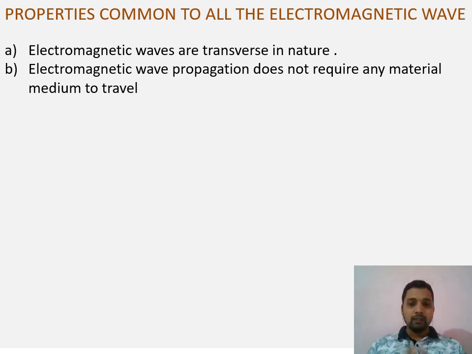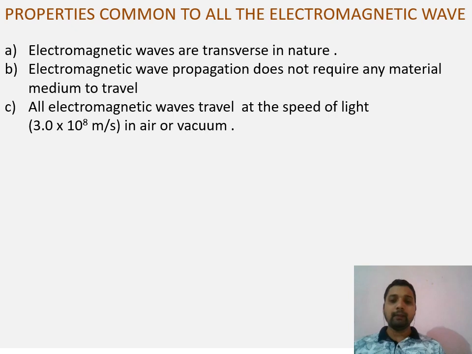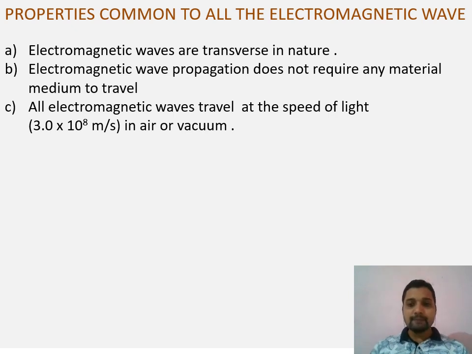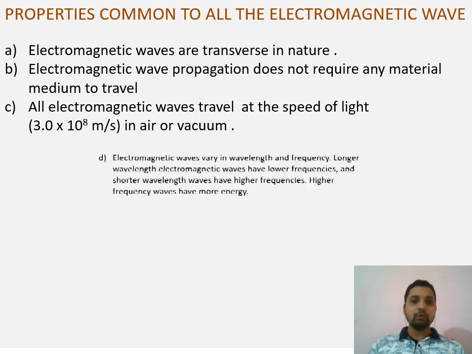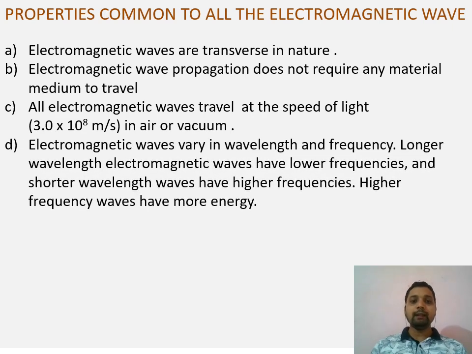Electromagnetic waves do not require any medium for propagation, meaning they can travel in vacuum. All electromagnetic waves have the same speed as the speed of light in air or vacuum, which is 3 × 10^8 meters per second. Fourth, electromagnetic waves vary in wavelength and frequency, meaning all have different wavelengths, and because speed is the same, their frequency changes.